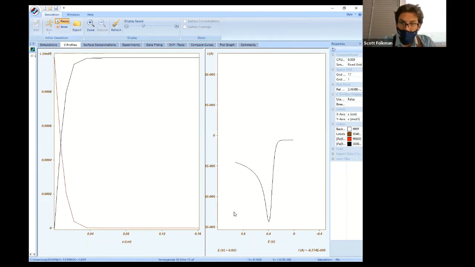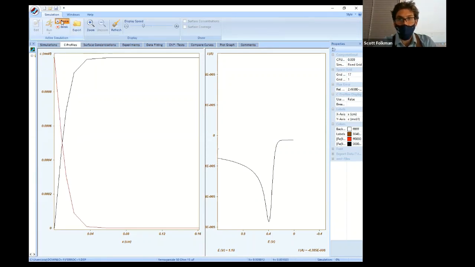Indeed, the second half of this wave is diffusion controlled. We can continue to let that evolve, and then eventually we get to this point here, which is our switching potential, and it starts to move back in the other direction.